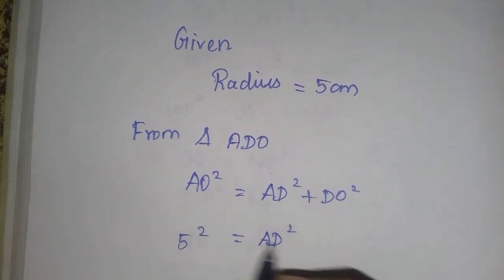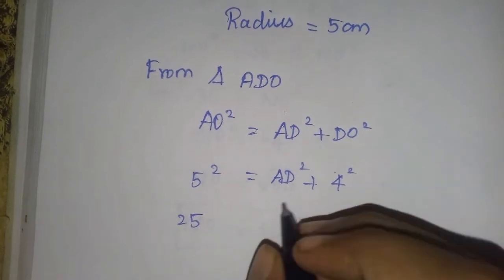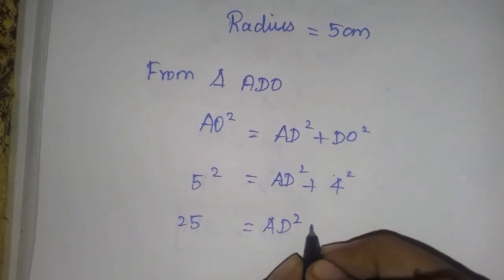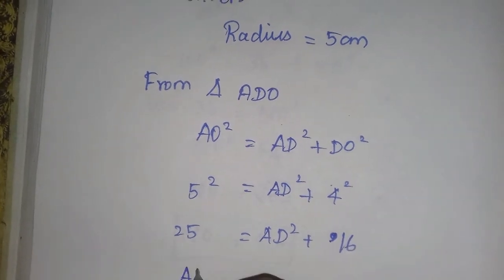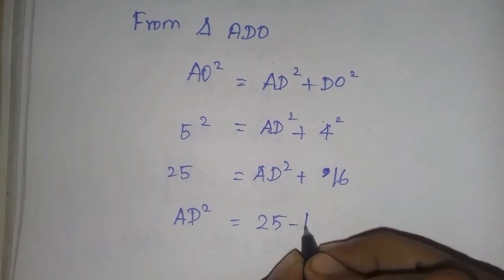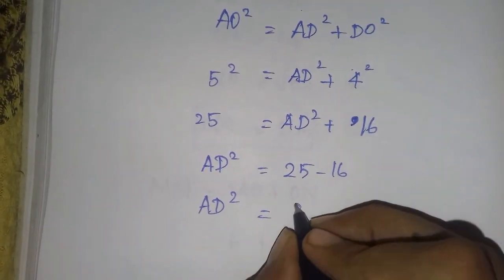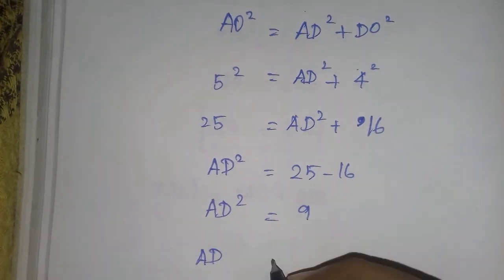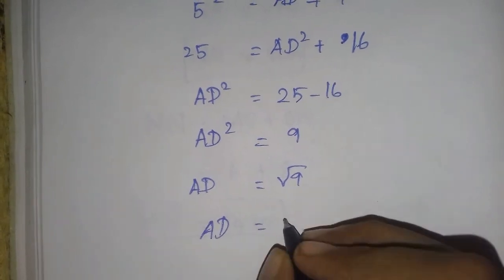AO square is 5 square plus 4 square. So 5 square is 25 and 4 square is 16. So AD square is equal to 25 minus 16. So AD square is equal to 9. What is the value of AD? Take root 9. That is AD is equal to 3.